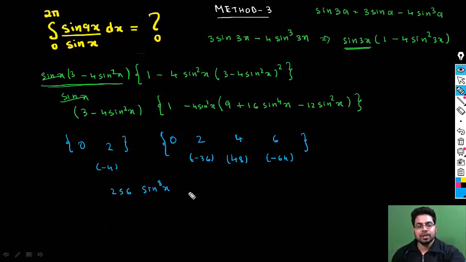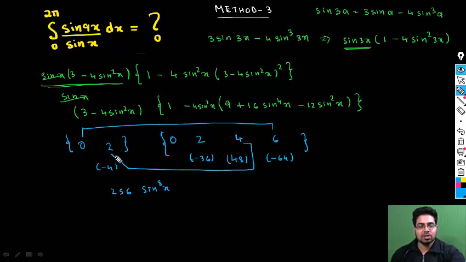Now to get sine to the power 6x, this 6 gets multiplied with the constant and this power 4 gets multiplied with the square term.